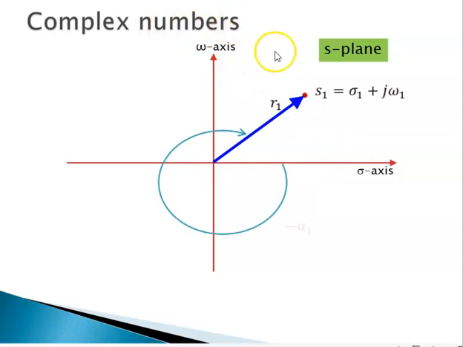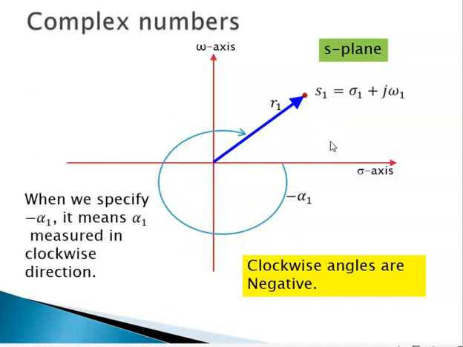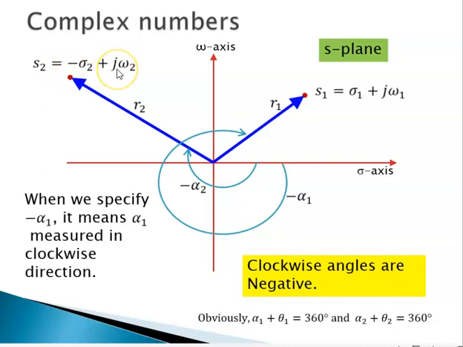If this is the vector with length r1, this angle is minus alpha 1, where alpha 1 is a positive quantity. Because it is measured clockwise, we say it is negative. Similarly, if you have another vector s2, which is a complex number represented by minus sigma 2 plus j omega 2, its angle is minus alpha 2, where alpha 2 is positive.